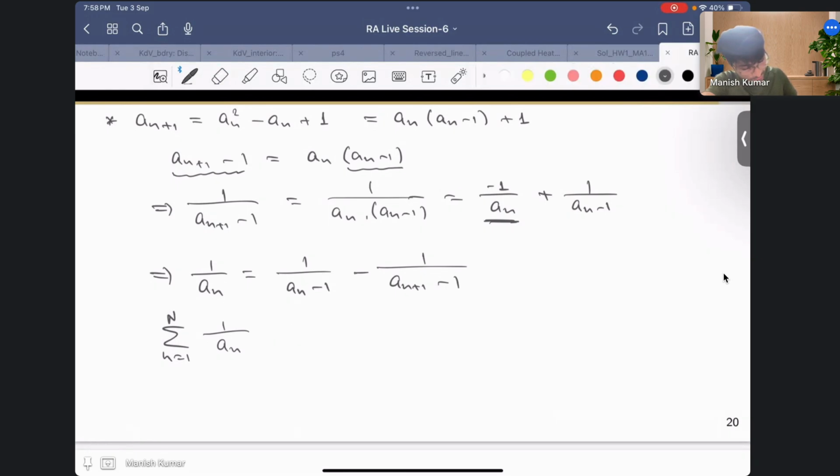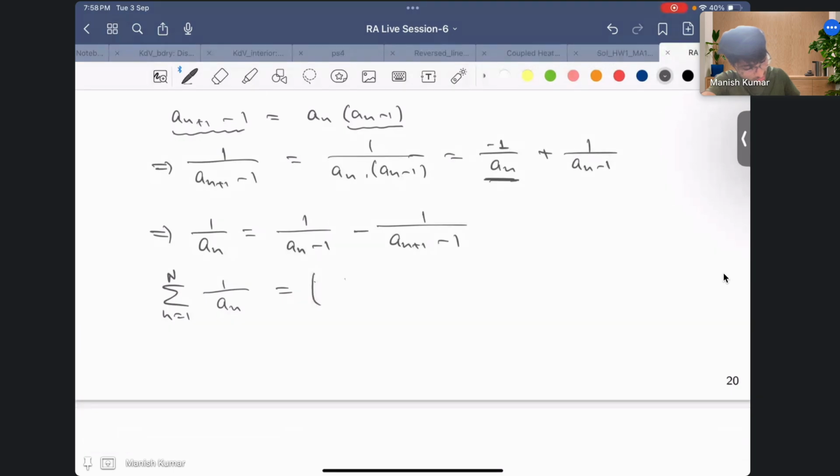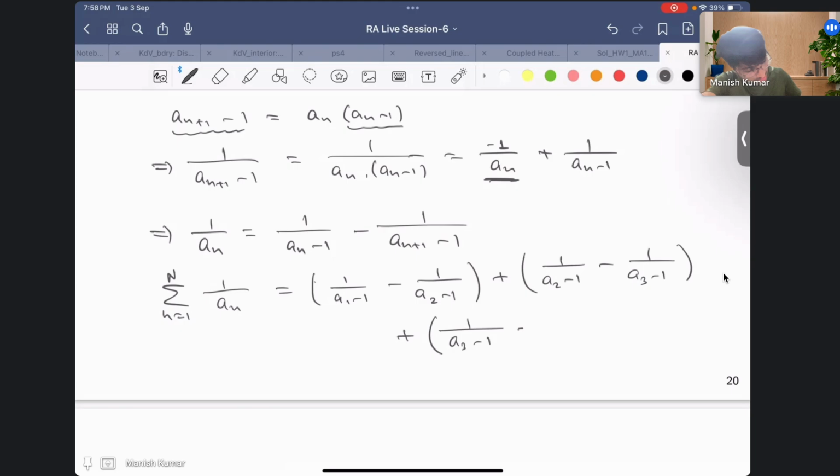If I put n equal to 1, I will get 1 by a1 minus 1, minus 1 by a2 minus 1, plus 1 by a2 minus 1, minus 1 by a3 minus 1, plus 1 by a3 minus 1, minus 1 by a4 minus 1, and so on, and at last I'll get 1 by a_N minus 1 minus 1 by a_{N+1} minus 1.